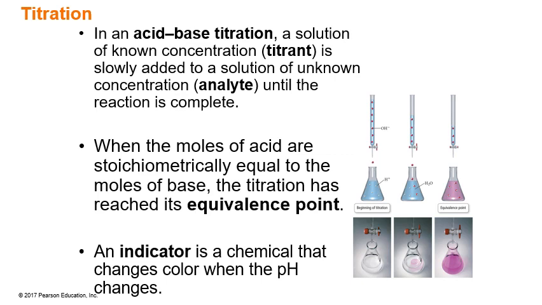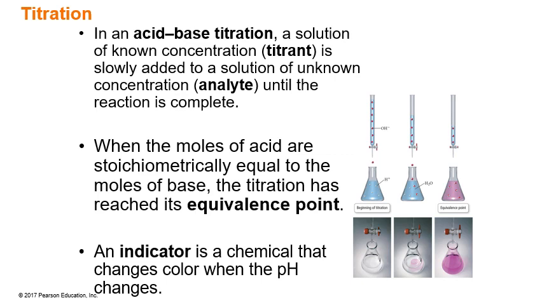So in an acid-base titration, we have two different types of solutions. One is the titrant, that is what we know the concentration of, usually located in the burette. And we have the analyte, which is the solution that we're trying to figure out its concentration, what we're testing.